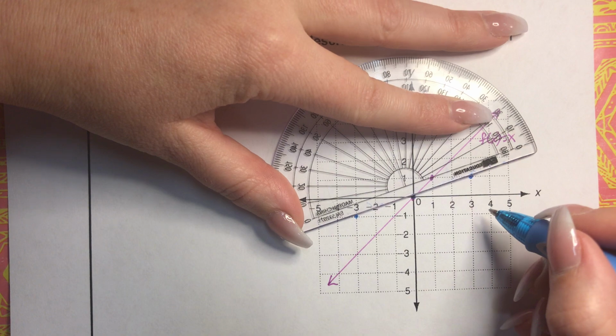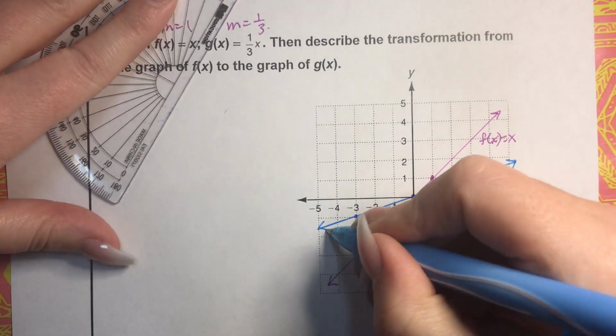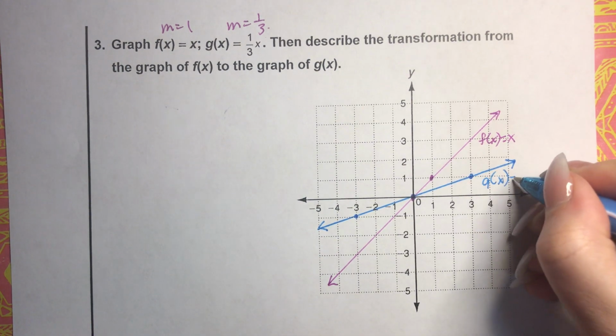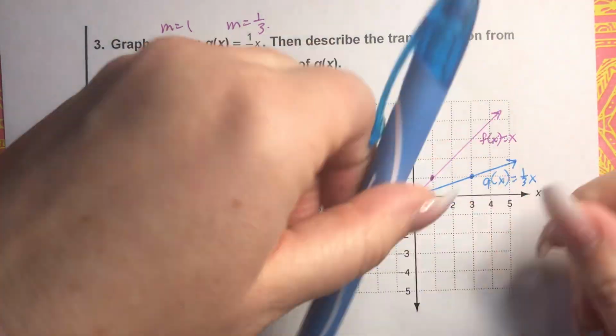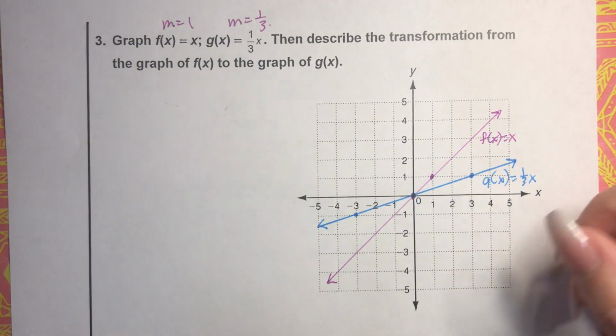And then I just go ahead and graph that. This is my g of x equals 1/3 x. And if we started here, you can see that it's rotating and it's getting less steep.